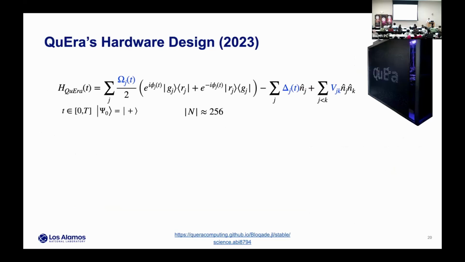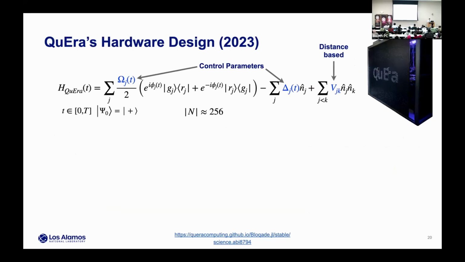Let's talk about QuEra hardware design. And I think Pasqal's is similar, but I haven't used their platform, so I don't know for sure. So here we have a similar Hamiltonian. However, it has, say, additional terms. So there's essentially 2 time-varying control parameters, detuning and oscillation, so like omega and delta.